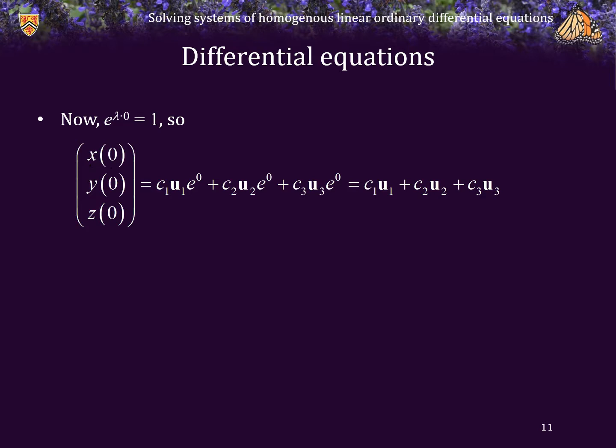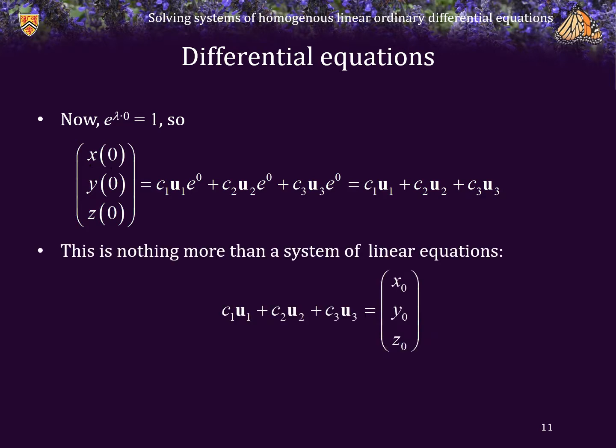So, in this case, at time t equals 0, we need to know what values of C1, C2, and C3 give us these initial conditions. Well, we know what the initial values are, x0, y0, and z0. And you'll notice that e to the 0 is 1.